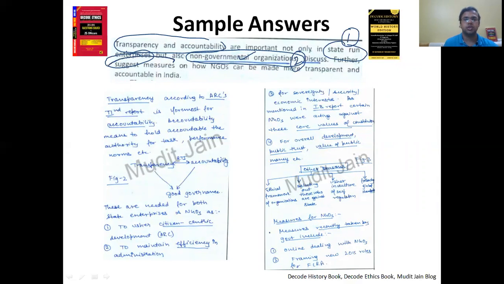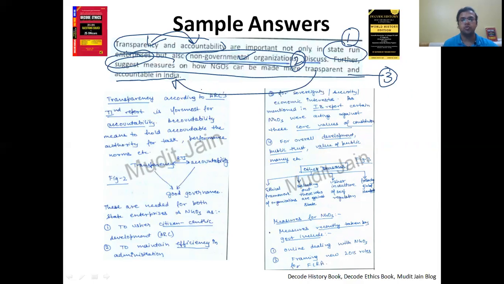Further, suggest measures on how NGOs can be made more transparent and accountable in India. This is the third part. I don't think there is a need to segregate transparency and accountability here, because if you do so, there would be many repetitions in the answer, and repetitions should be avoided. So be careful when you try to subdivide a question into n number of parts.